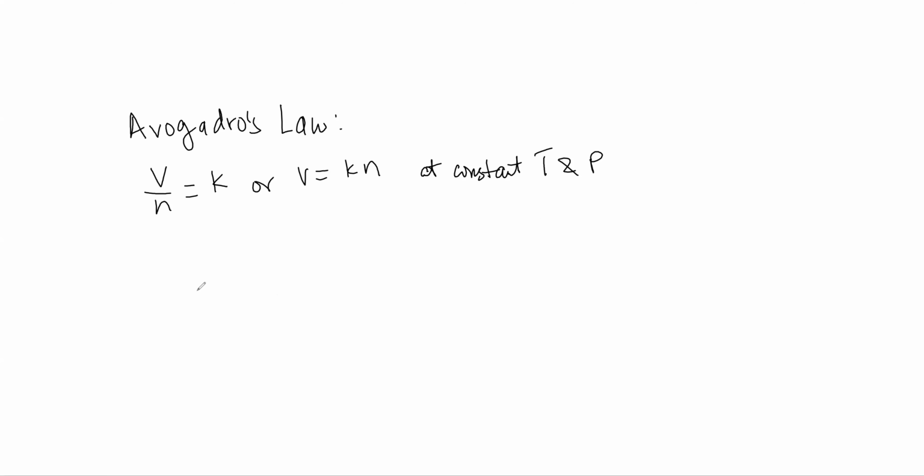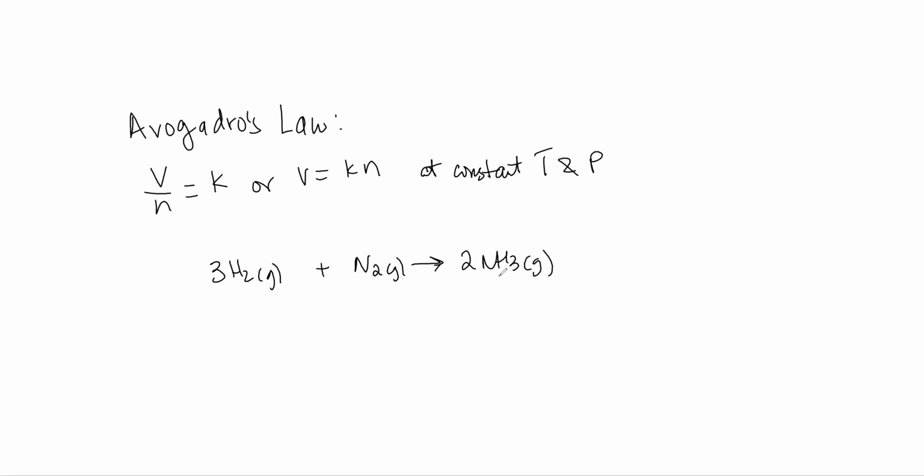Now, what is the importance of this law on the microscopic level? What's important for you to realize is that, let's say we have this chemical reaction: 3 H2 gas reacting with 1 molecule of N2 gas, producing 2 molecules of ammonia gas.